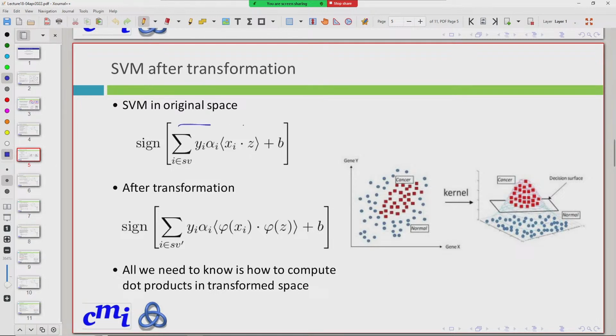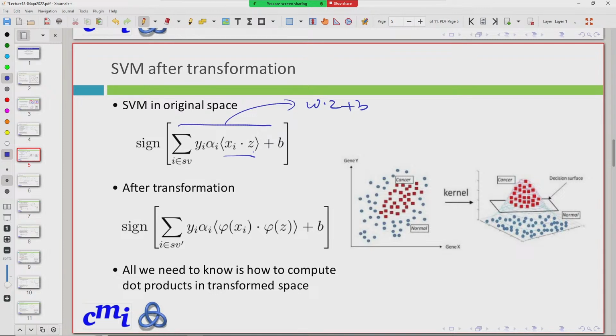This thing is essentially w dot z plus b. So, what is w dot z? Because w is a linear combination of these xi's, alpha xi and so on, the dot product expands over this linearity. So, you can directly write it as the sum of these dot products. That is what is written here.